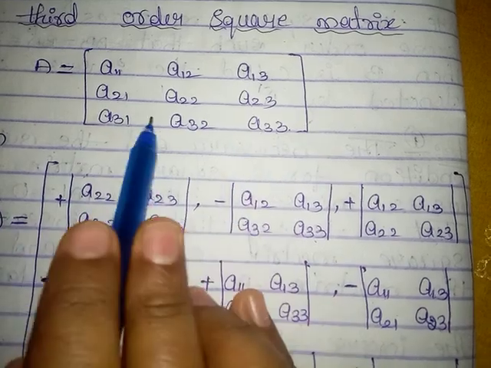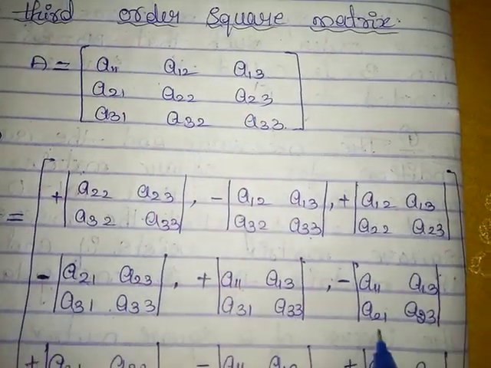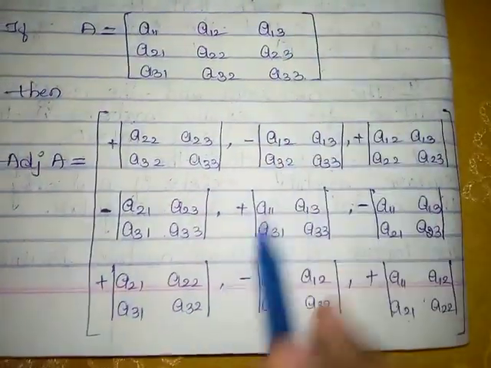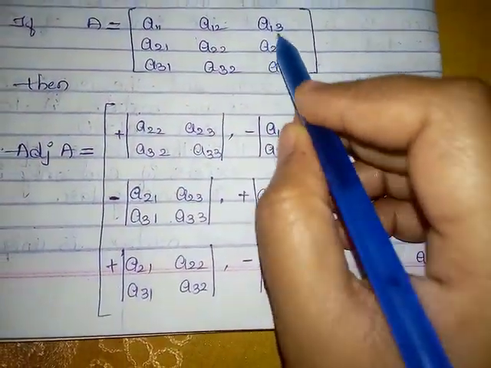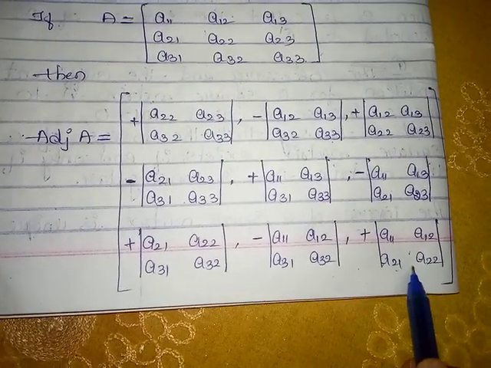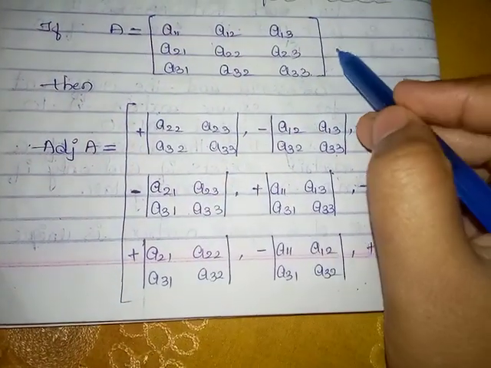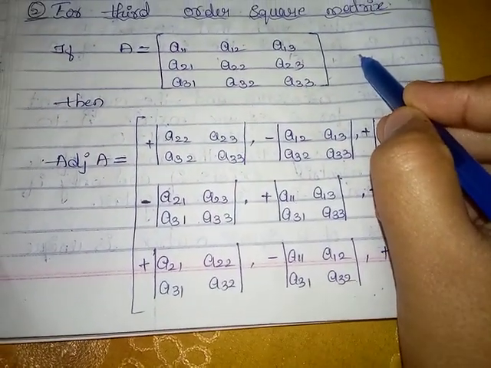Not this one, because A32 lies in the third row. Similarly for the last row, consider the last column elements and write down the determinants for the remaining elements. You will get the adjoint of this given matrix.